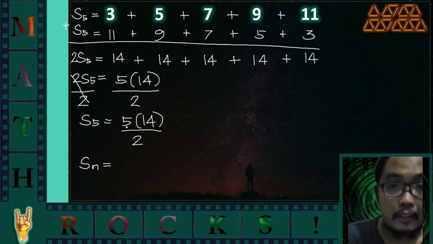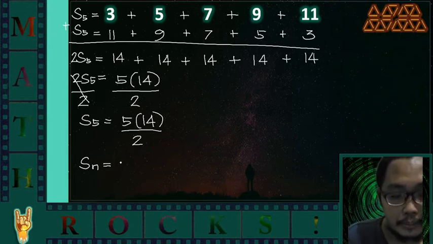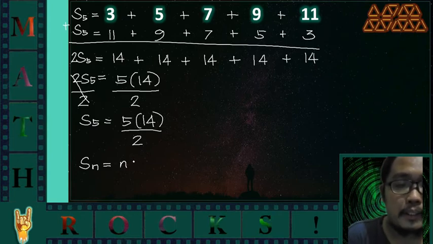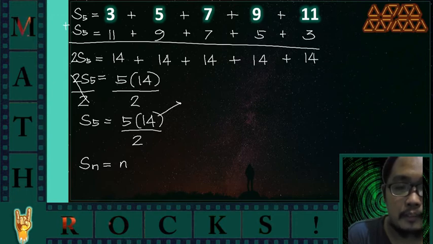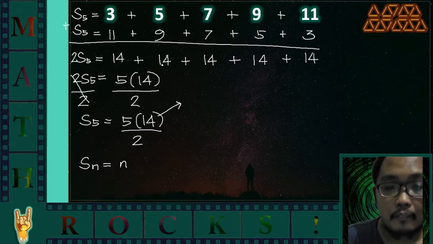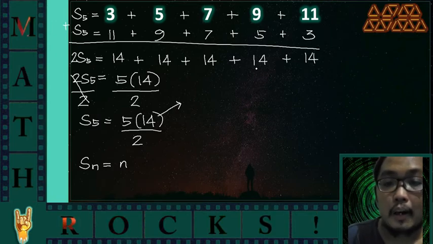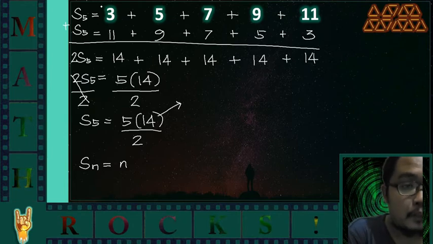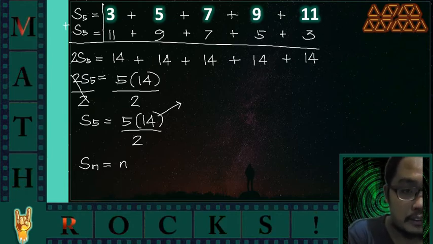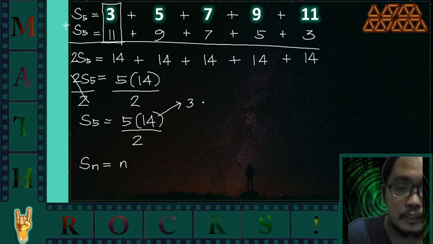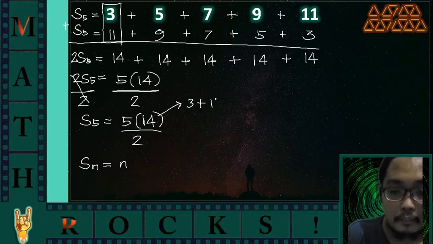So that will be the reason why we would like to have this 5 be expressed as the n. We will do the same for the other 5 right here, so your 5 would now be n. With regards to the 14, it is based upon the idea of the numbers being added to come up with such number 14. If we make use of the first pair of numbers here, 3 and 11, let me write first 3 plus 11.